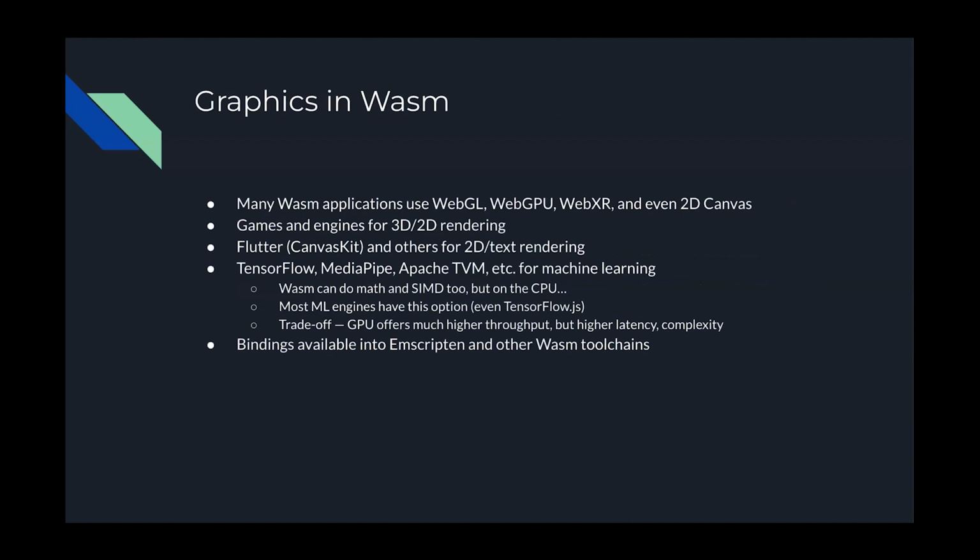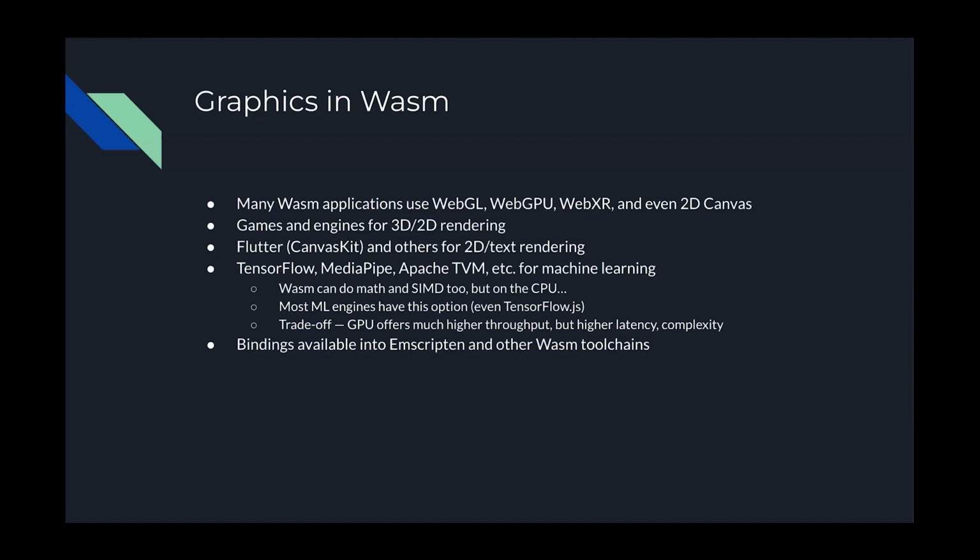Many of these applications also use WebGL, WebGPU, other graphics, even 2D Canvas, different ways to do graphics on the web. Of course, games are going to use this for rendering everything. Frameworks like Flutter and CanvasKit even use it for text rendering, which you can do instead of rendering with HTML in the DOM, and they do that so they can get pixel perfect accuracy across all of their platforms.